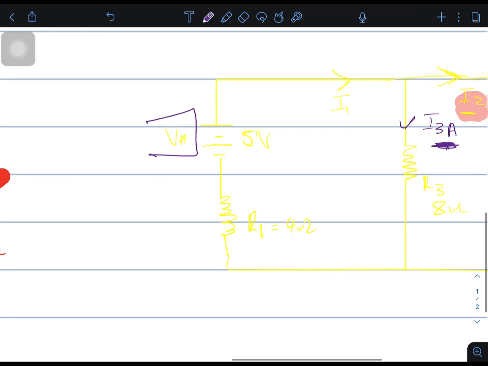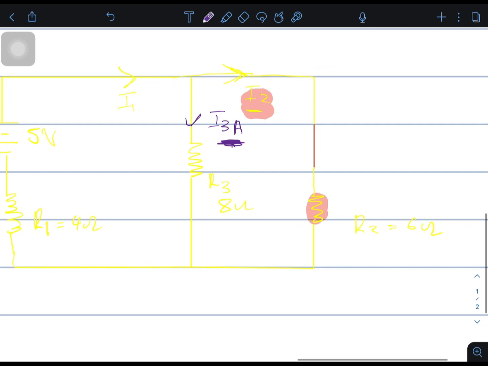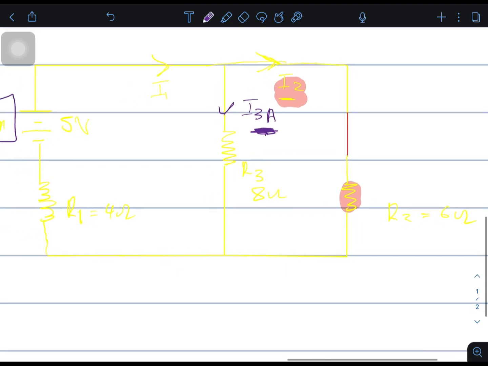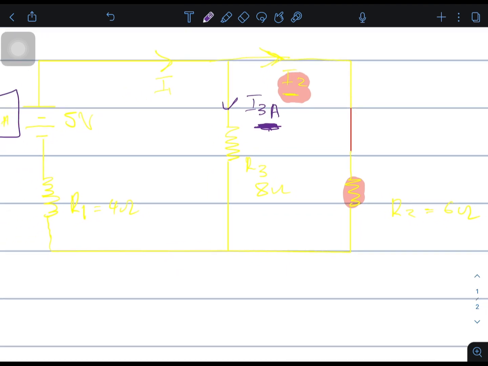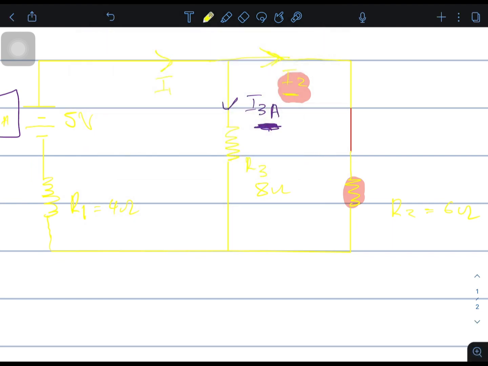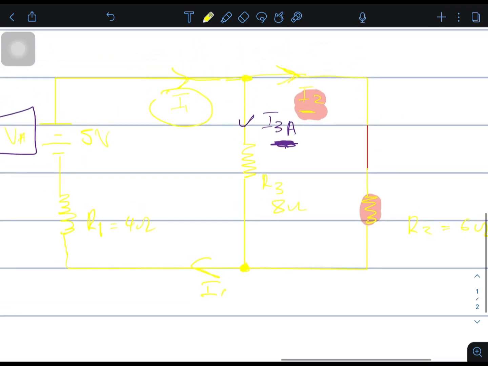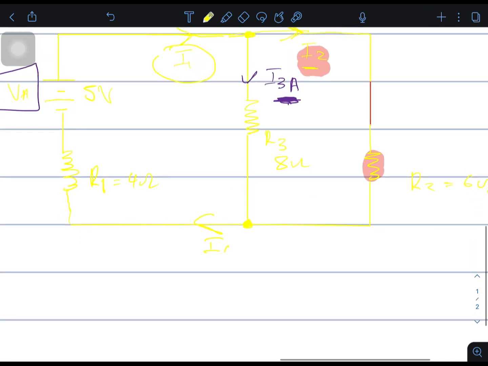So the first thing I can do is calculate the total resistance of the circuit. Once I've calculated it, I can calculate the total current I1, because I1 is the total current which splits in this branch, then recombines here and becomes I1 again. So how do I calculate the total resistance?